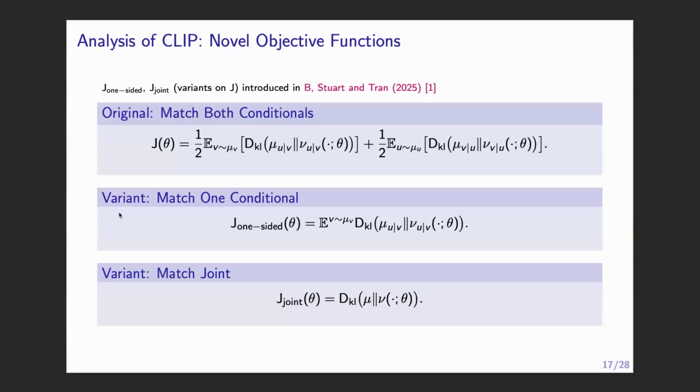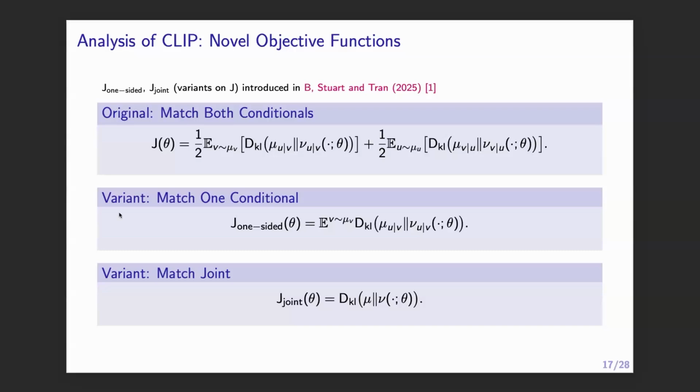One is the original objective that tries to match both of the conditionals equally. The second is an objective that just tries to match one of the conditionals. At the end of the day, I believe there's always some asymmetry in the two conditionals of image and text. One of them has more information than the other. So it's a little bit odd to combine the two conditionals in a way that weights them equally.